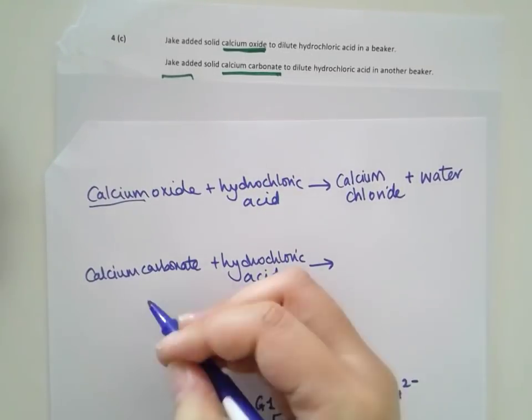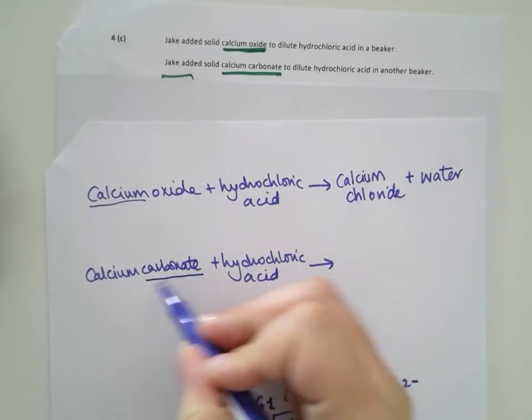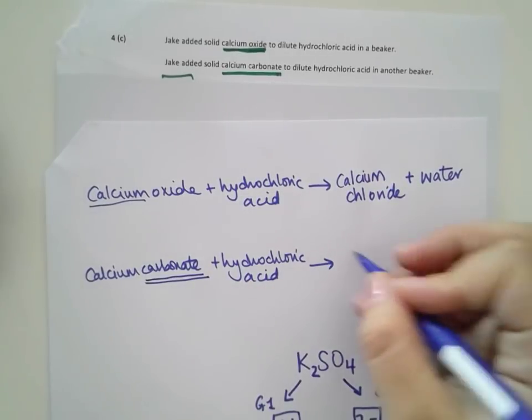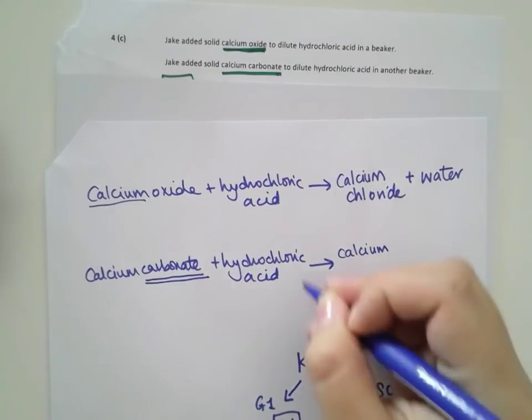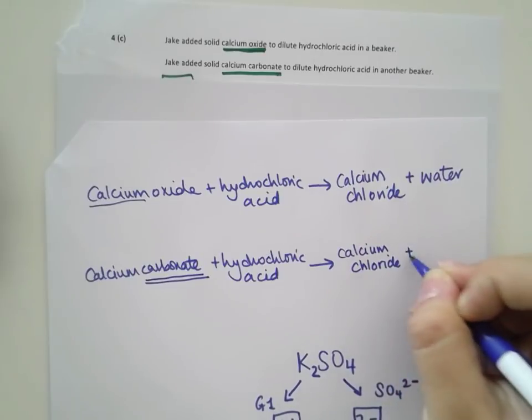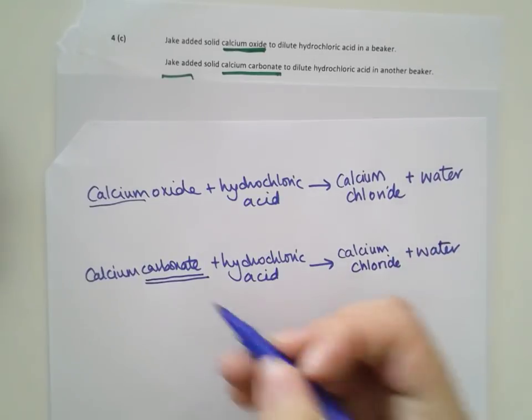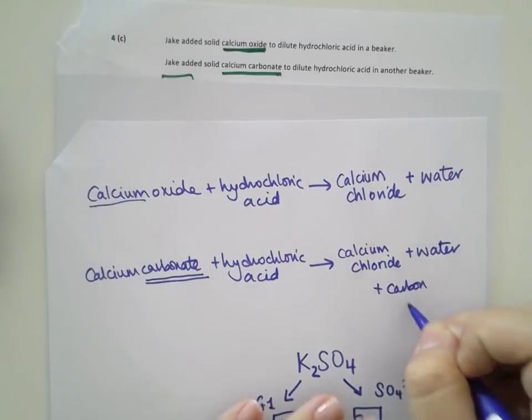Again, we have an acid plus base, but this time it's a carbonate. We still produce a salt, so we take the first half, which is calcium, and the second half, which is from the acid, calcium chloride. This produces water, but in this case, because it's a carbonate, it also produces carbon dioxide.